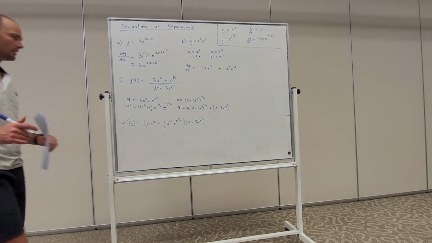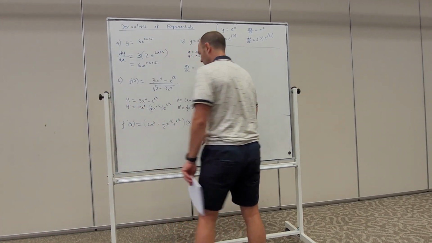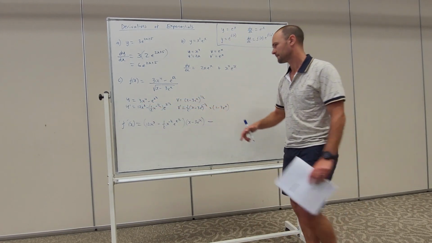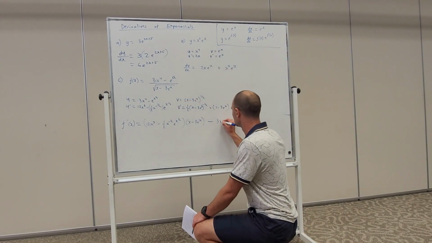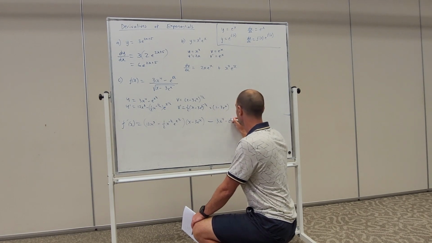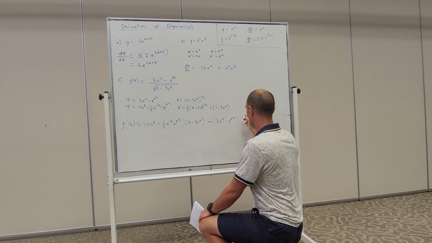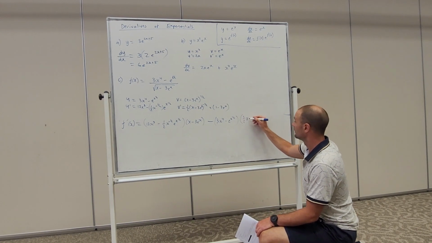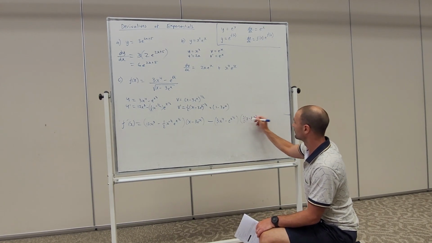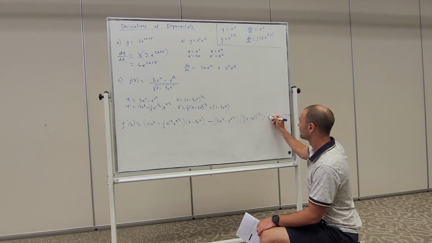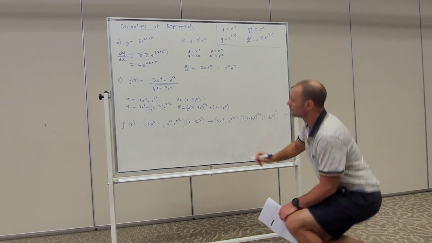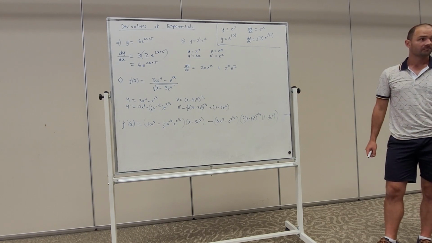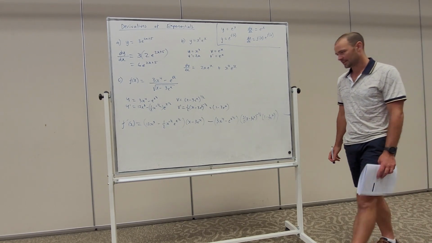Okay, u dash v, take away u v dash. Put u in brackets, put all of v dash in brackets. U dash v, take away u v dash.